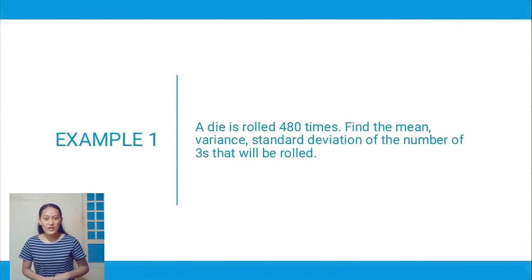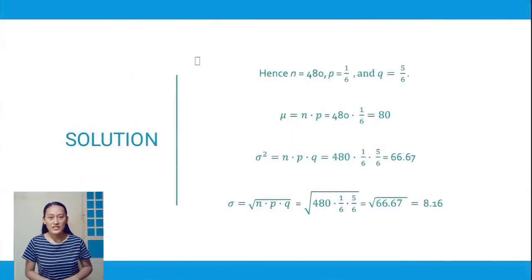This is a binomial experiment since getting a 3 is a success and not getting a 3 is considered a failure. Hence, n is equal to 480, p is equal to 1/6, and q is equal to 5/6. Let's substitute each value. Mean is equal to 480 times 1/6, the answer is 80.